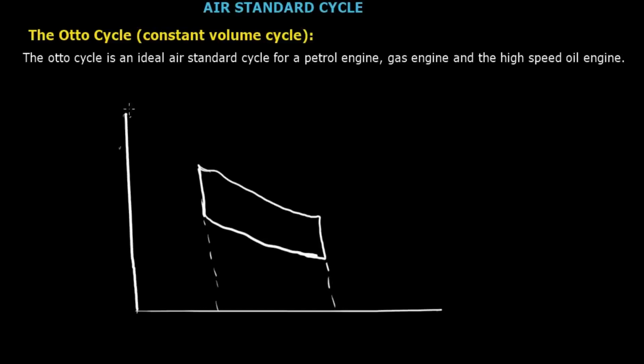Meaning that this is a PV diagram. So here is the first, second, third, fourth. So this is V2, which is equal to V3, and V1, which is equal to V4.